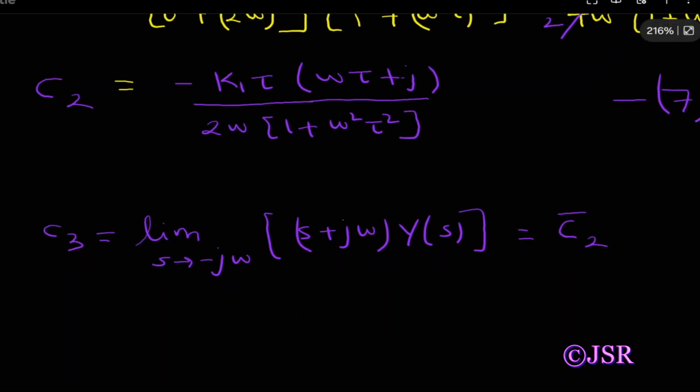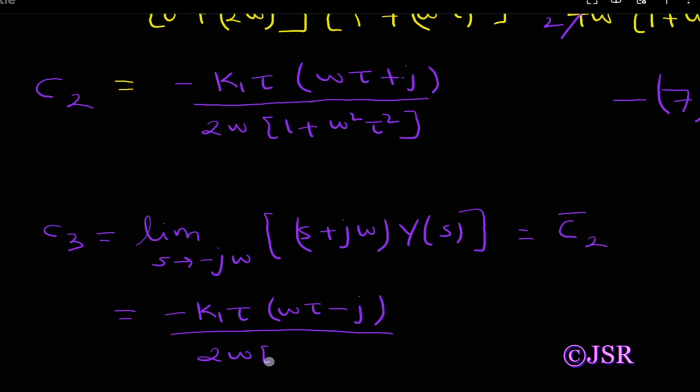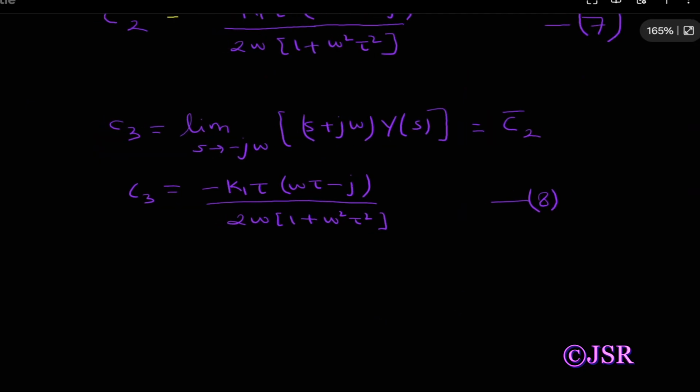Since C2 is a complex number, we get the complex conjugate of C2, that is minus k1 tau (omega tau minus j) upon 2 omega (1 plus omega square tau square), and this will be C3, equation number 8.